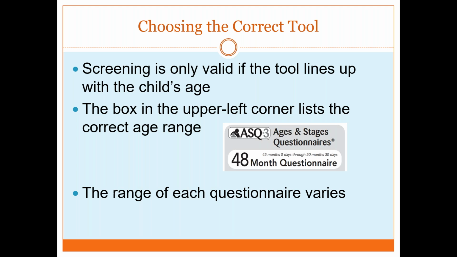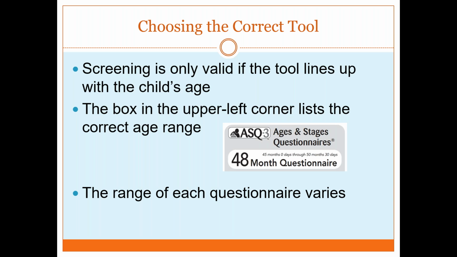Why is that? Because development is changing so rapidly in those early months, and then it starts to flatten as far as what we're expected to see at any given month in the later months and years of child development in early childhood.